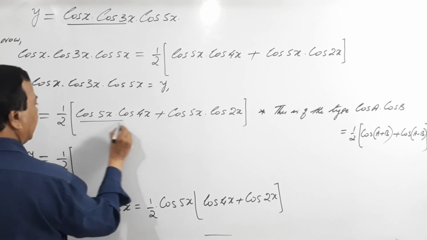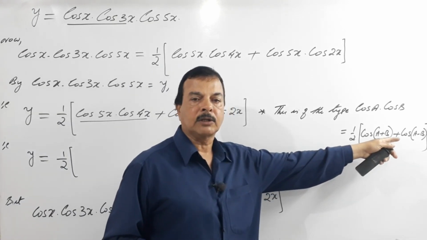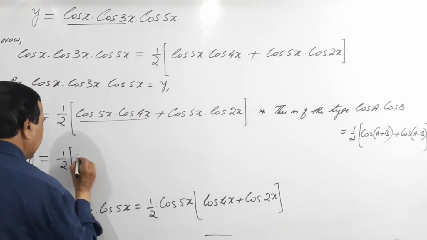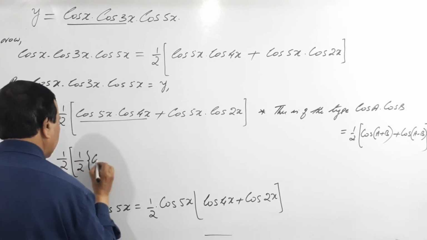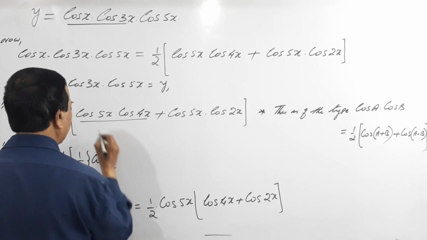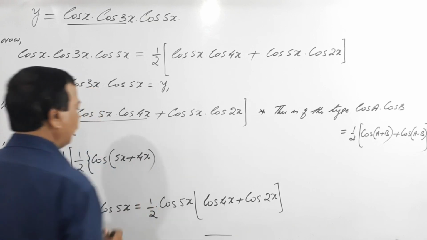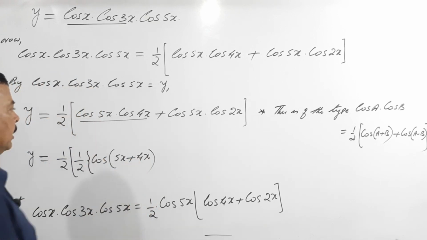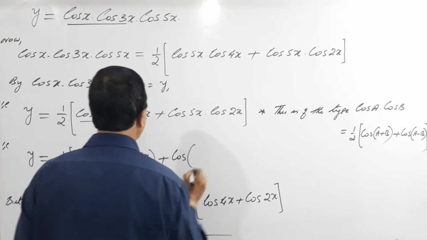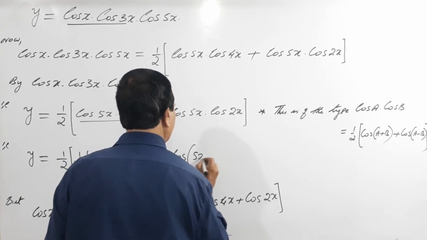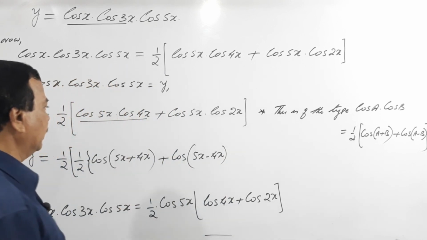So for this I'll use half into cos of A plus B plus cos of A minus B. So for this, that is half into cos of 5x plus 4x, that is A plus B, plus cos of A minus B, that is 5x minus 4x. This part is over.